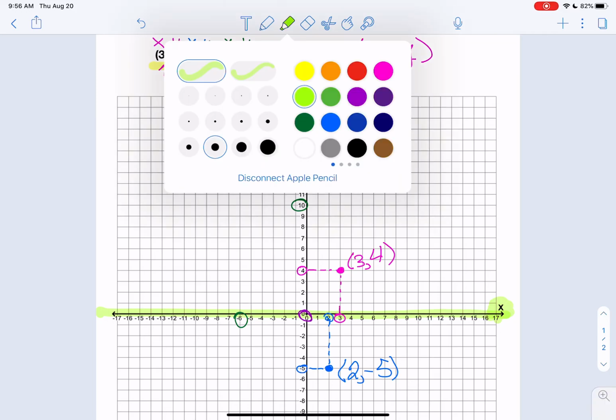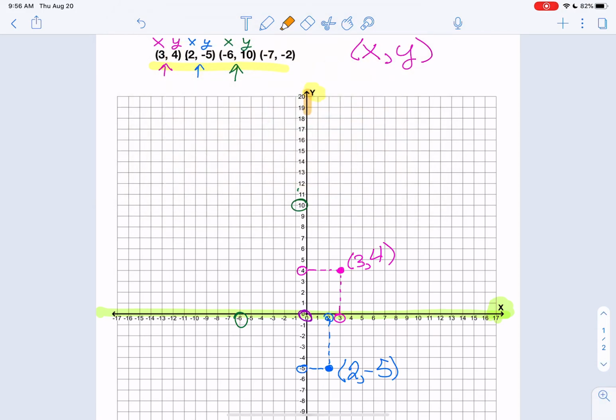Oops, I just noticed that I no longer have my y-axis highlighted, so let me highlight that again. Here's my y. Now, I follow the lines next to the numbers and I see where they meet. And they meet right here. So this is going to be the (-6, 10) point.